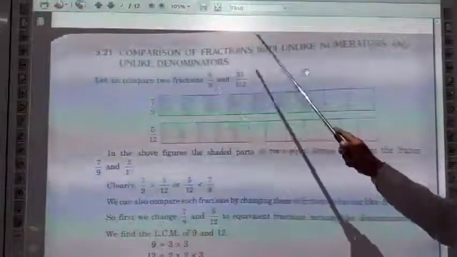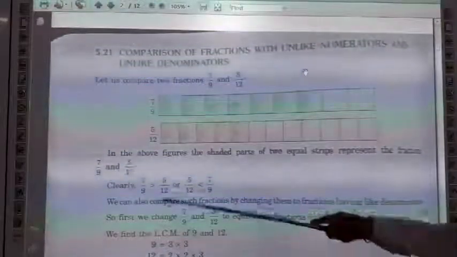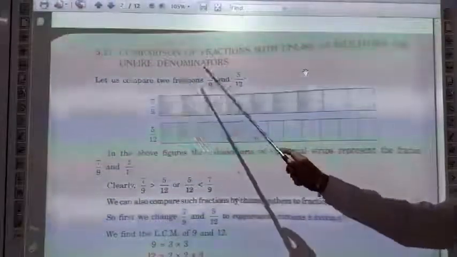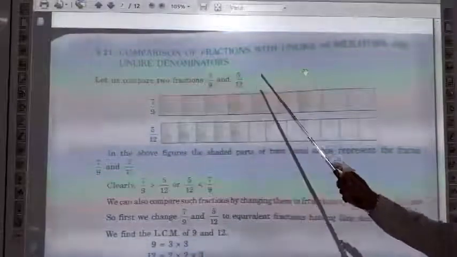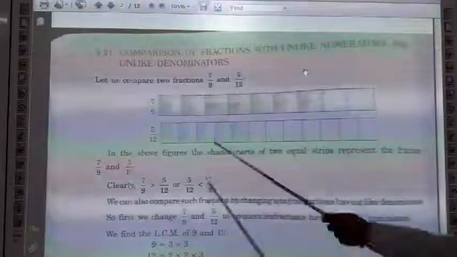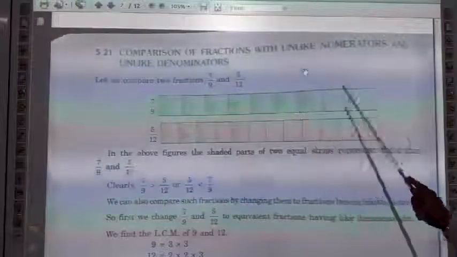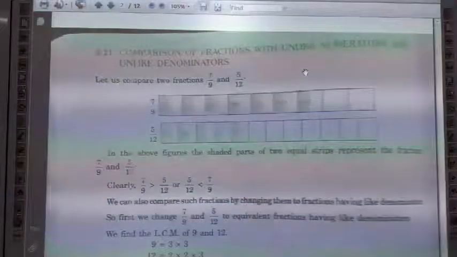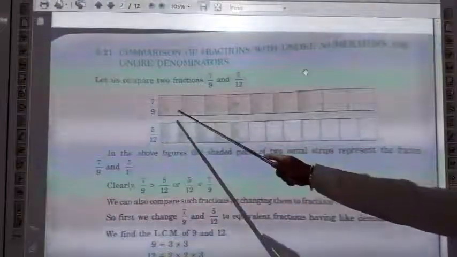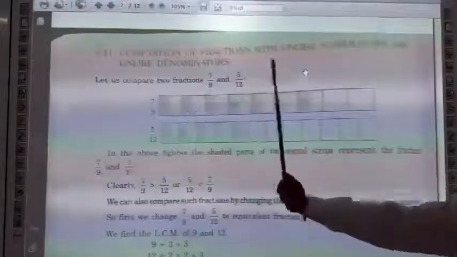Now next topic is comparison of fractions with unlike numerators and unlike denominators. Let us compare two fractions 7/9 and 5/12. Look at this. Showing the figure: 7/9, 1 2 3 4 5 6 7 8 9, 9 boxes, 7 boxes are shaded. Fraction is 7/9.